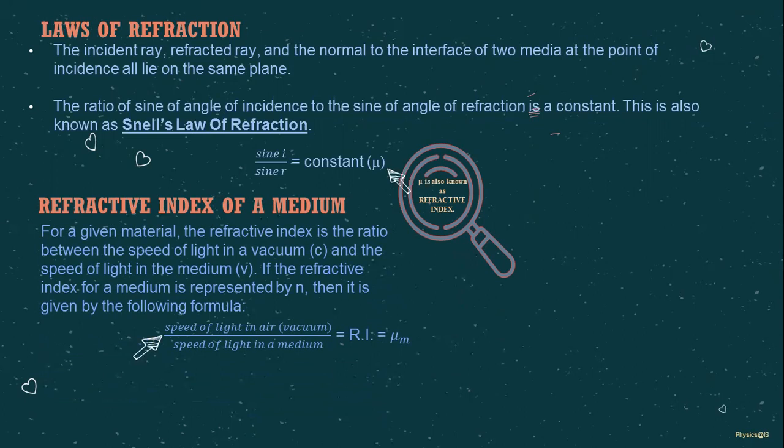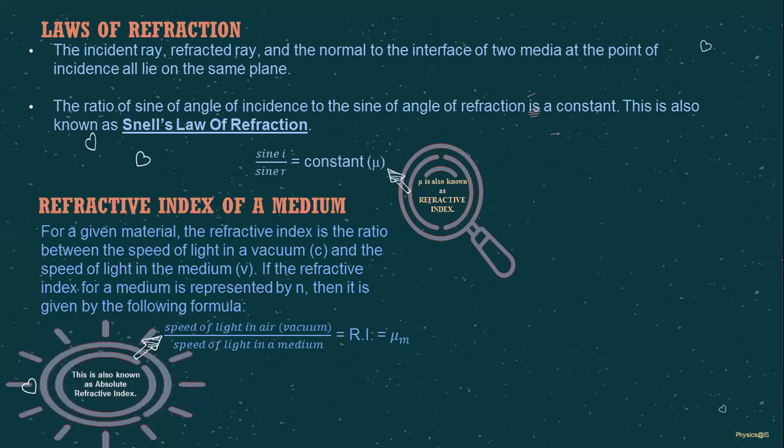If the refractive index of a medium is represented by n and sometimes with mu, then the formula is speed of light in air or vacuum divided by speed of light in a medium is equal to refractive index of the medium. The refractive index is always of that medium where the refracted ray reaches. And whenever refractive index is with respect to air, it is known as absolute refractive index.